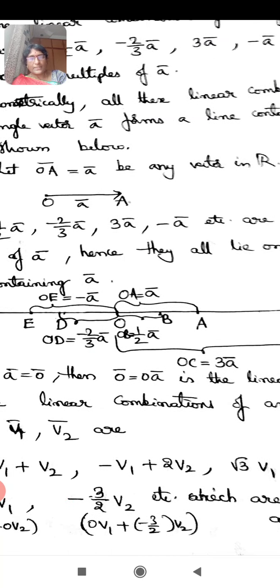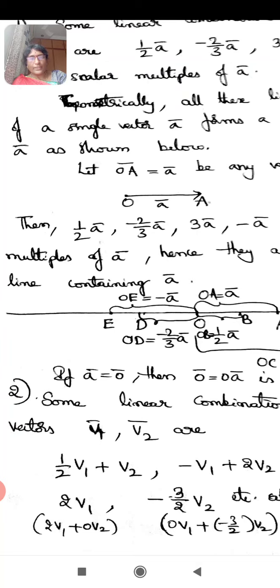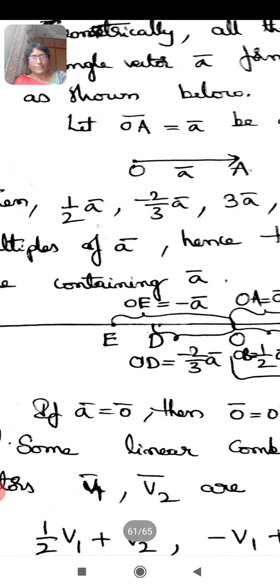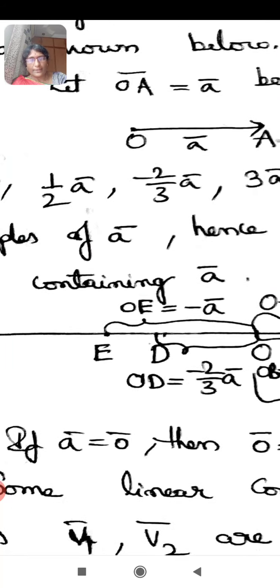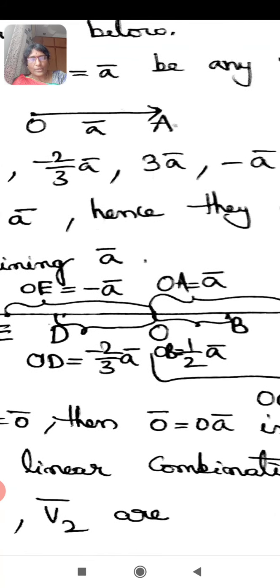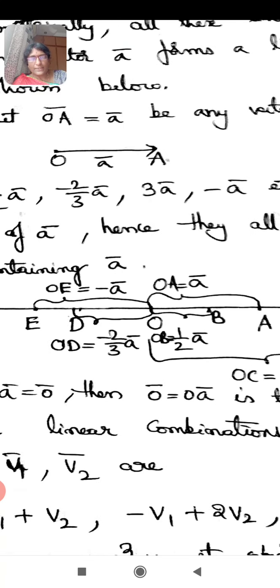And to the negative side of the origin also we can see some scalar multiples of a bar represented geometrically here, existing on the same line. We can see that minus a bar has the same magnitude as a bar but lies on the opposite side of the origin, that is why it has the opposite direction.